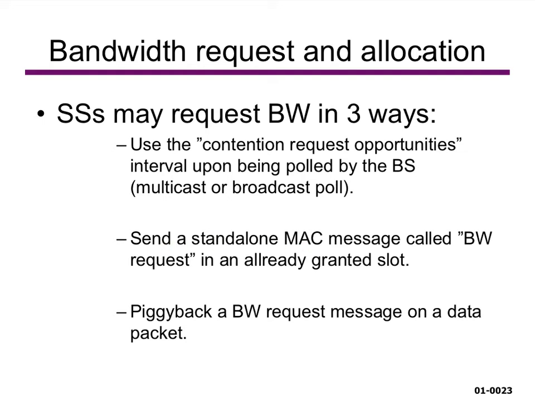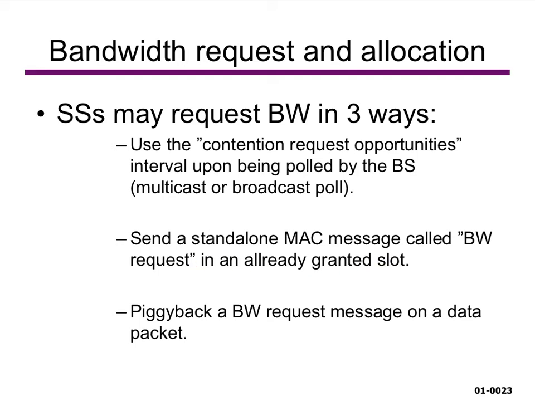Another one is to use the standalone MAC message. This is for the initial maintenance phase, where the base station polls the nodes, and the nodes send some access bursts to the base station, and then the base station can get some information about their demands.